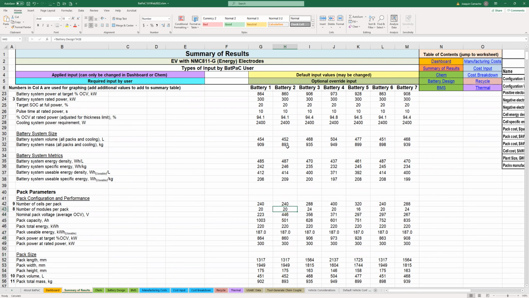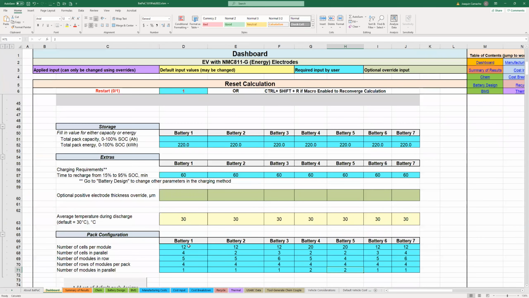So this combination gives you the highest voltage. Let's go back here and try to get a higher voltage here as well. So let's go with battery 1.